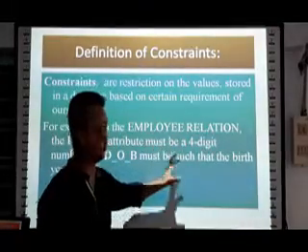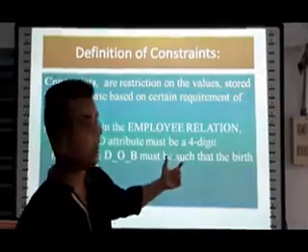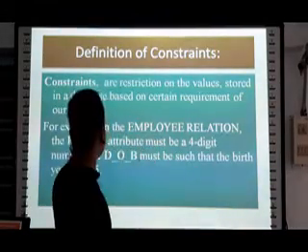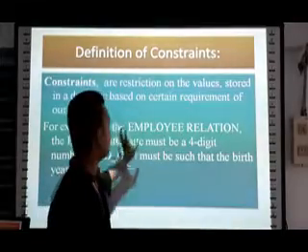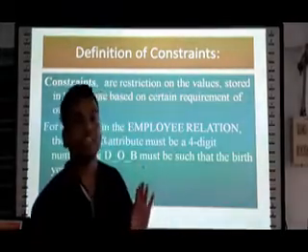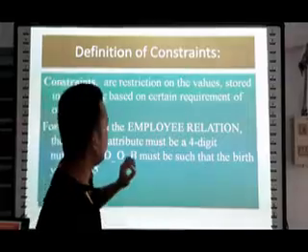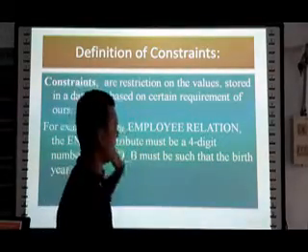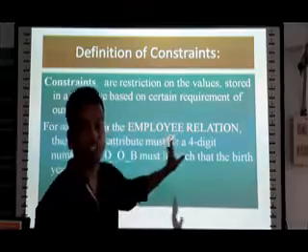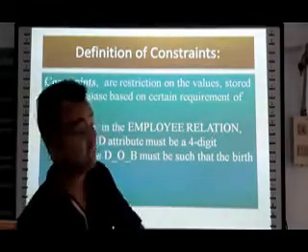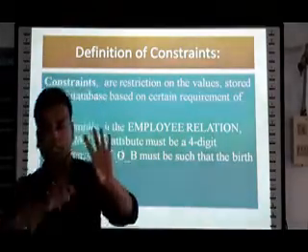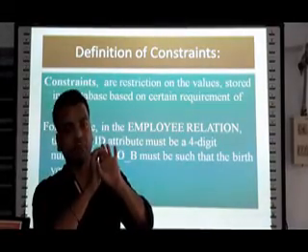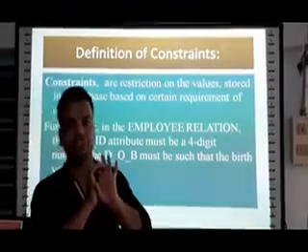These are the two restrictions we place in our employee relation on the attribute values, employee ID and DOB. Such restrictions are also known by another name, constraints. Remember, in simplest terms, a constraint means a restriction placed on a particular attribute value in the database.